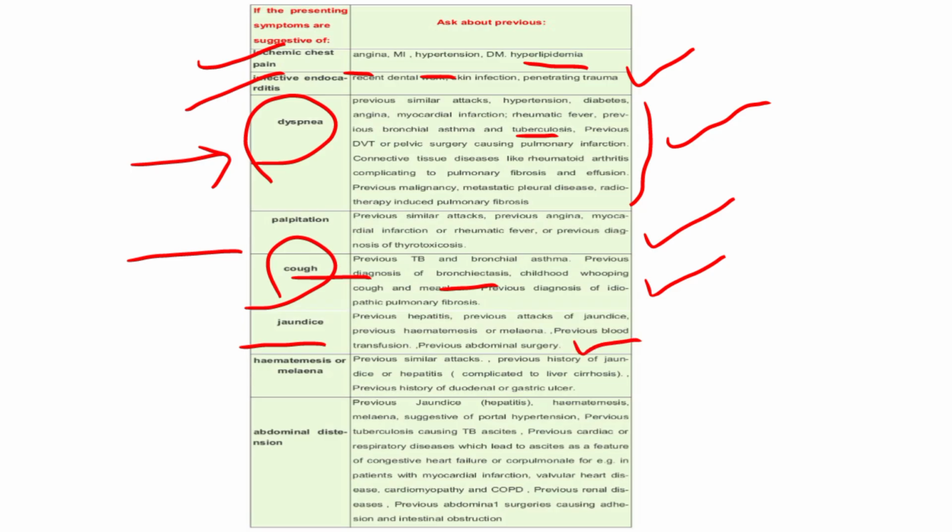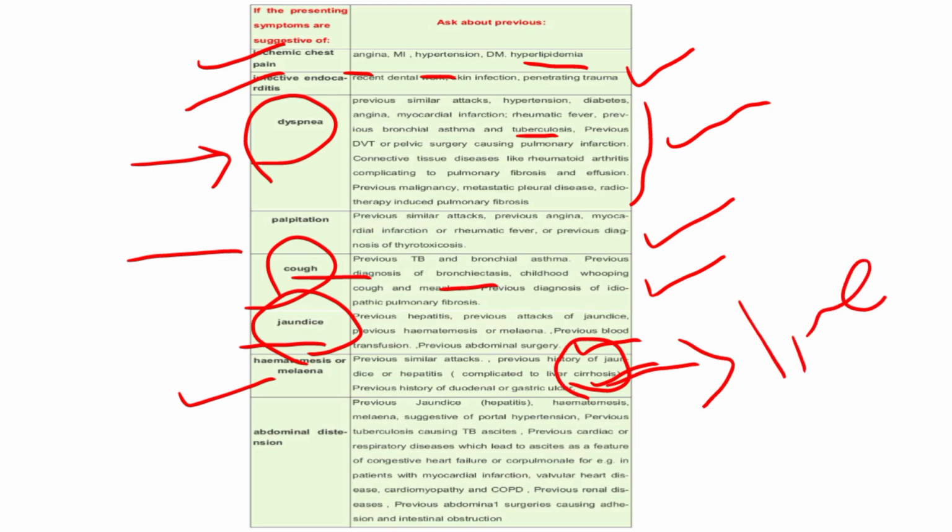Any kind of abdominal surgery, blood transfusion, you can ask the following questions in case of jaundice. If there is melena, when there is black colored stool, you can ask about hepatitis, jaundice, in this case gastric ulcer, cirrhosis. What is cirrhosis? It is scarring or fibrosis of the liver, in which there is end stage liver disease.